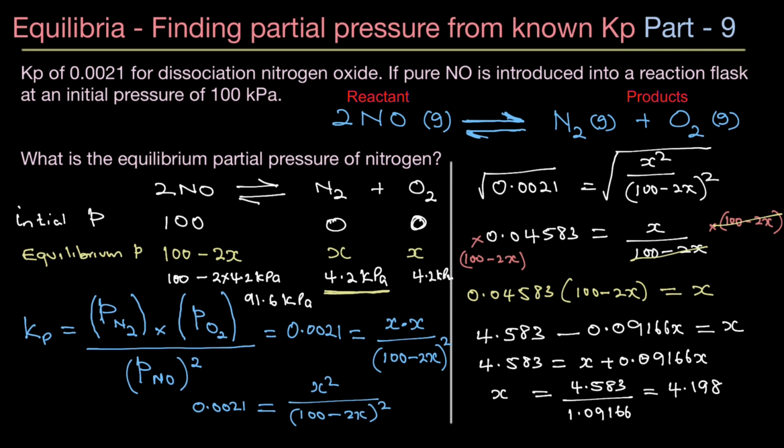And if we're in future to find the oxygen partial pressure, it will be 4.2 also, and the nitrogen oxide partial pressure at equilibrium will be 91.6 kilopascal. But for now, we are only meant to find the nitrogen partial pressure, which is 4.2 kilopascal.